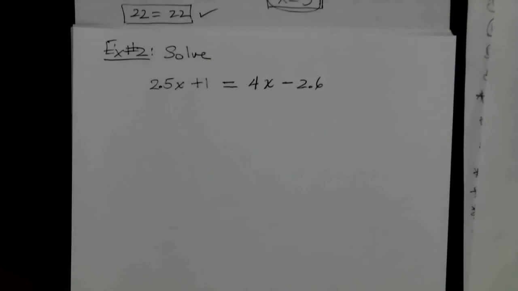Now bring the other numbers to the other side, so there's no x on this side. What's the opposite of subtracting? Add. Add 2.6. So 3.6 equals 1.5x. So that's your answer.